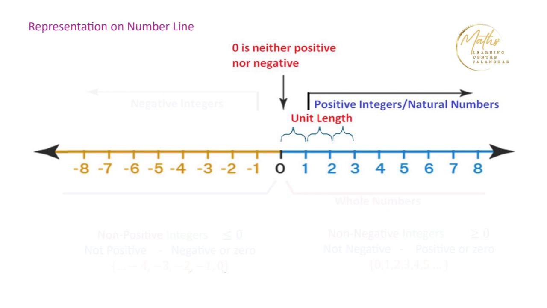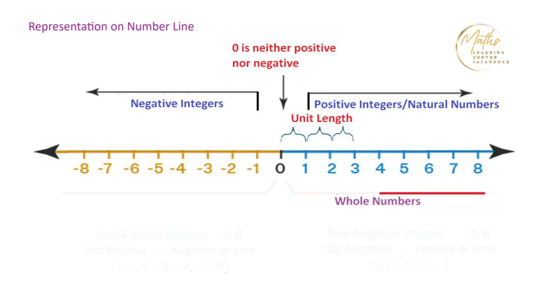And on the left hand side we have marked points representing the negative integers, that is -1, -2, -3, -4 and so on. Now to this collection of positive integers, if we include the number 0, we obtain the whole numbers. Starting from 0, we have the numbers 0, 1, 2, 3, 4, and so on.